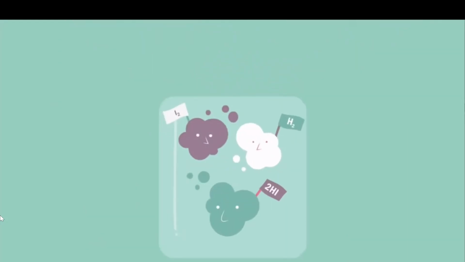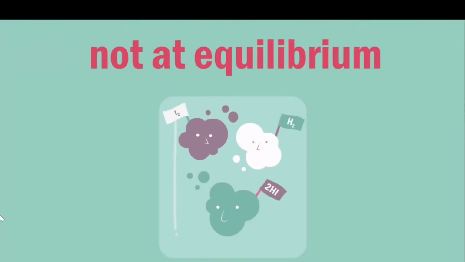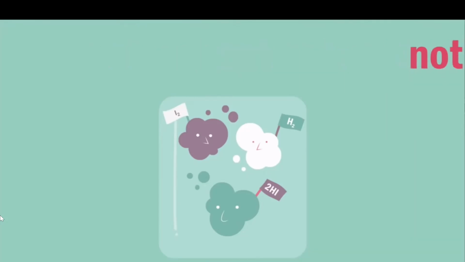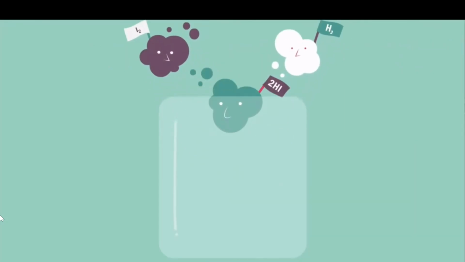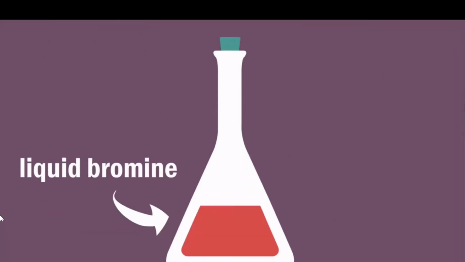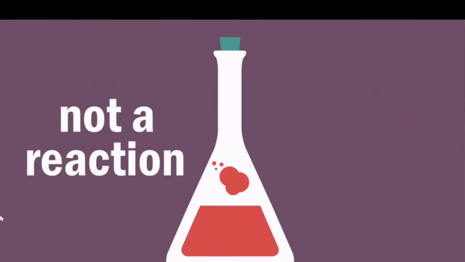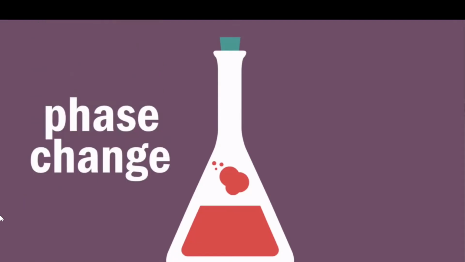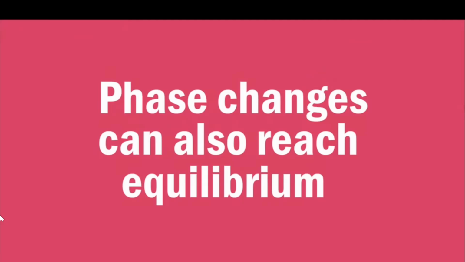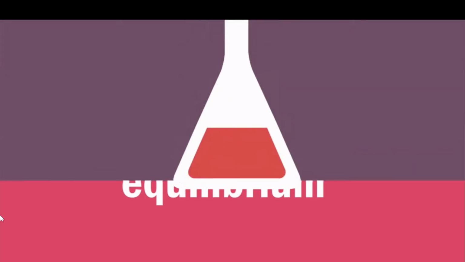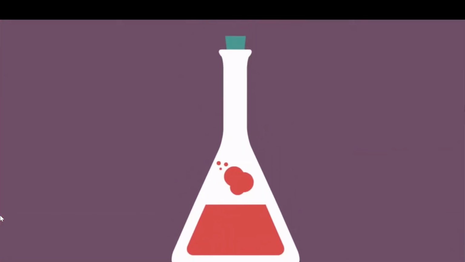If the lid was removed, the system is no longer at equilibrium as the reactants and products, or matter, would be able to escape the system. Liquid bromine equilibrates to form gaseous bromine at room temperature. Remember that this is not a reaction, but rather a phase change. Phase changes can also reach equilibrium under the correct conditions. As liquid bromine evaporates, gaseous bromine condenses.